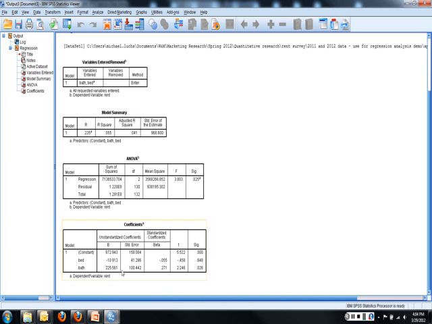So let's say, for example, we want to understand what would most likely happen to rent if we added in another bathroom. Let's say we were thinking about renovating a bathroom and we wanted to get a sense of how much more we could charge per month. What this says is that for every unit change in bathroom, or addition of 1 bathroom, we could charge on average another $225 per month. So that's how we use the B coefficient for predicting our DV.